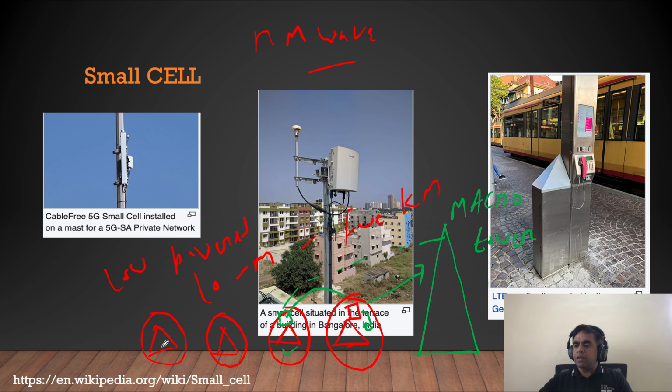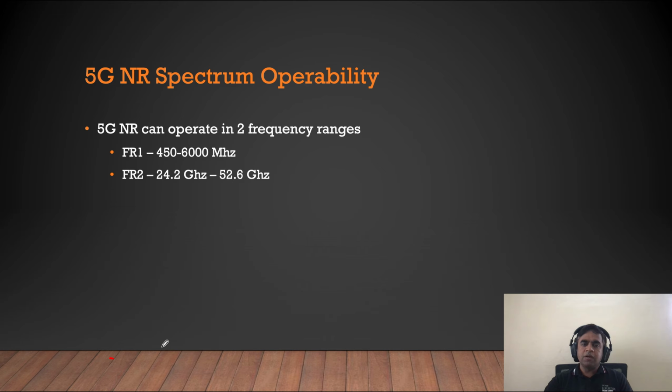Now, let's move on towards the frequency part. We have already visited this, but these are the numbers for the FR1 range, which covers your low band and mid band.